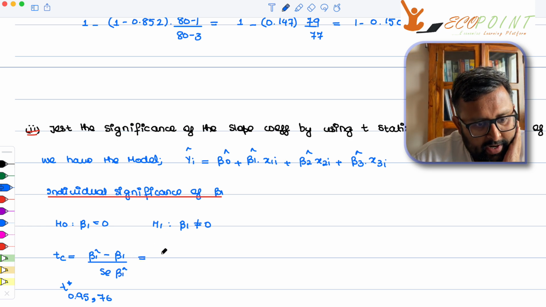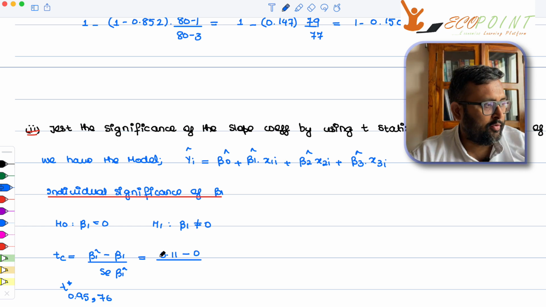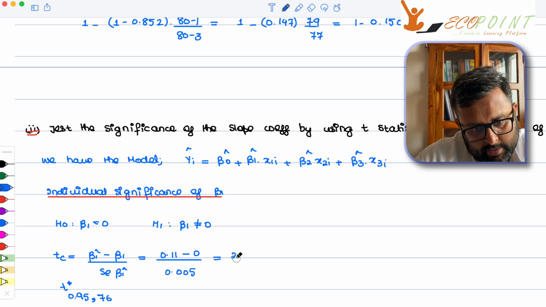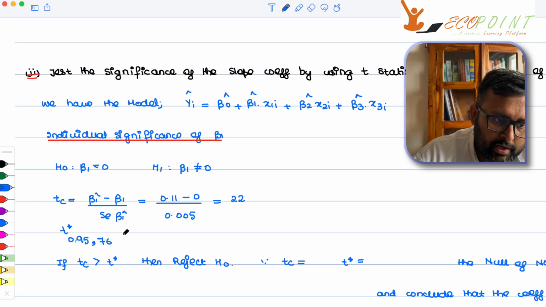So what is beta 1 hat? 0.11 minus 0 upon, what is the standard error of this? 0.005, and that comes out to be 22. You are also given in your question the critical value of t. That comes out to be 1.98, right?